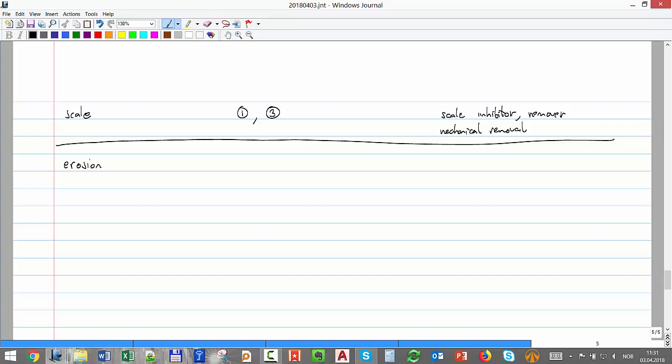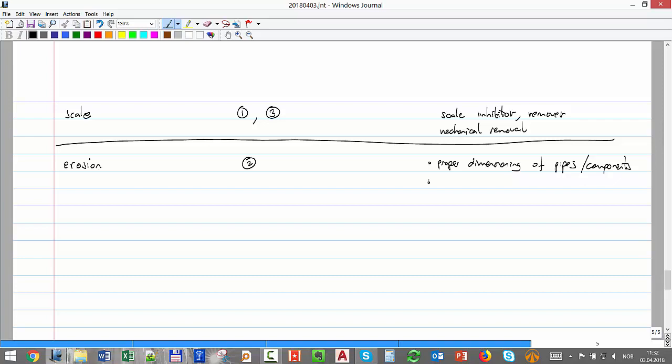Erosion. What can erosion cause? Number 2, okay, problems with the integrity of the system. And what is the way to deal with erosion? Dimensioning of pipe of components. Okay, proper dimensioning of pipes and components.